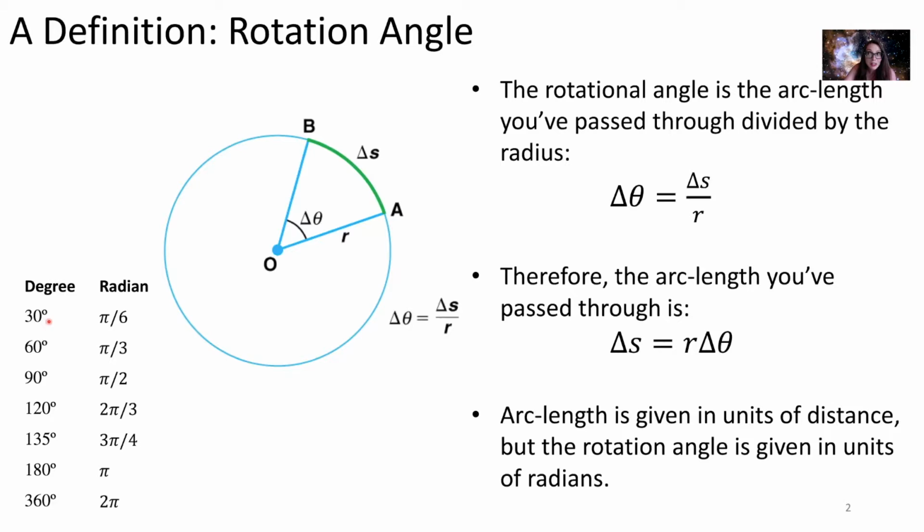If you take your angle in degrees and multiply it by pi radians divided by 180 degrees, then you'll be able to put your angle in degrees into radians. That's our conversion factor, and that will give you your answer for the angle in radians. Or you can just convert it on your calculator.